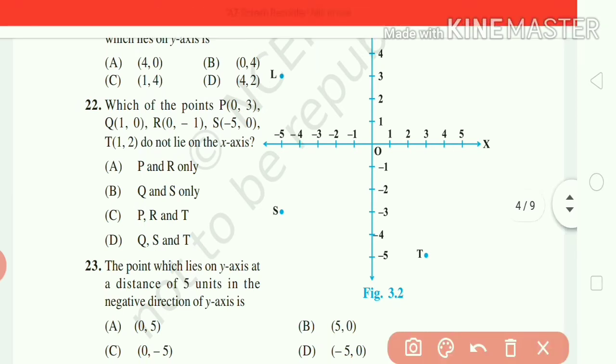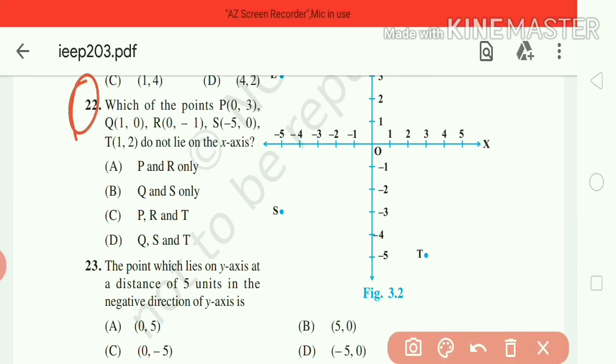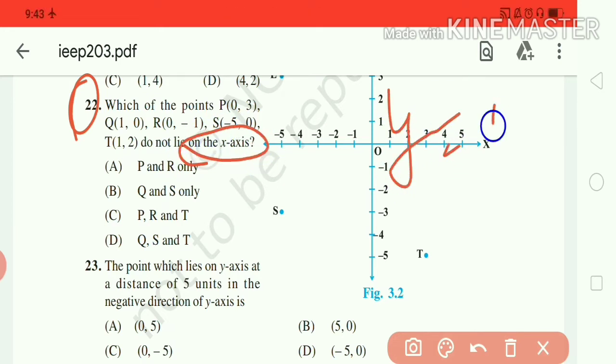Now come to question number 22. Which of the following points, this and this, do not lie on the x-axis. The point which lies on the x-axis must have ordinate 0, right? So the value of y must be 0 to lie on the x-axis, but we have to tell which do not lie on the x-axis. So we just check whether y is not equal to 0.